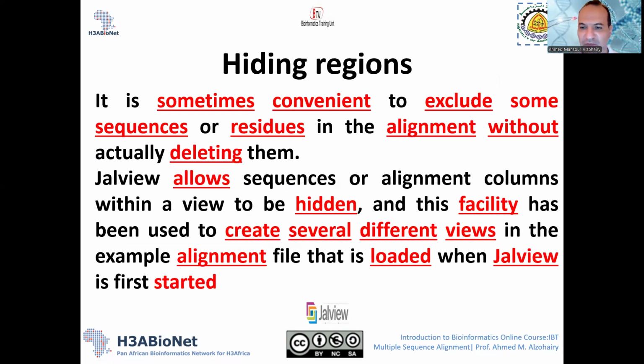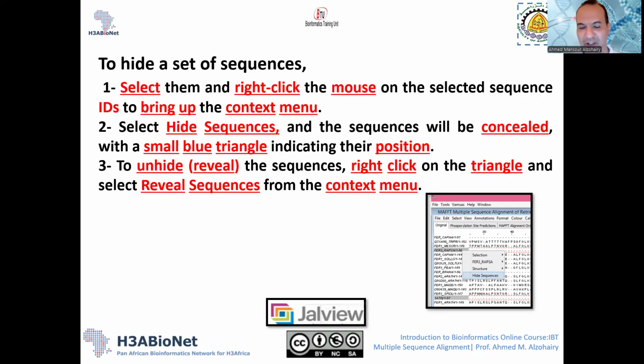If you would like to focus on a certain area and you don't want the reviewer or the people to look at the whole thing, you just want to focus on some sequences, you can do this simply by what we will show you right here. If you would like to hide some sequences, you go to the sequence you would like to hide.